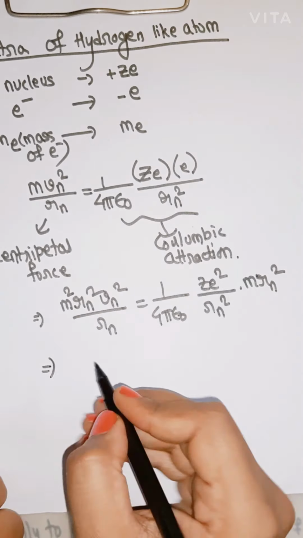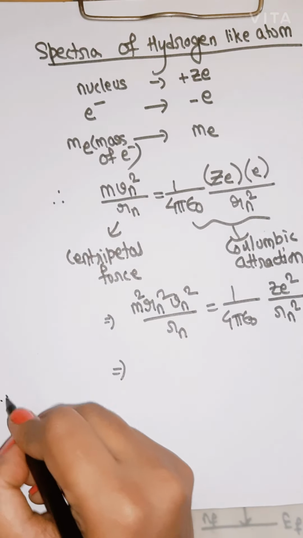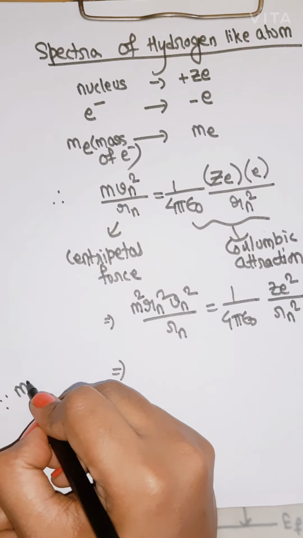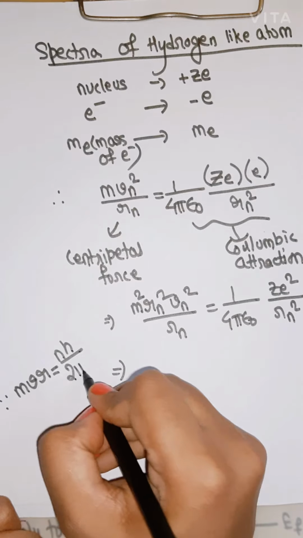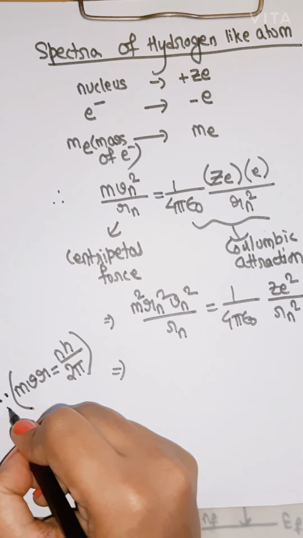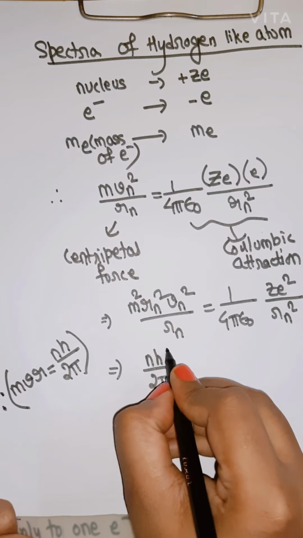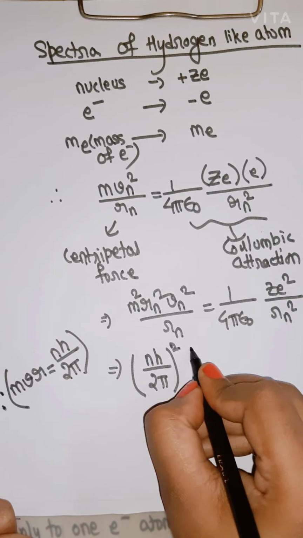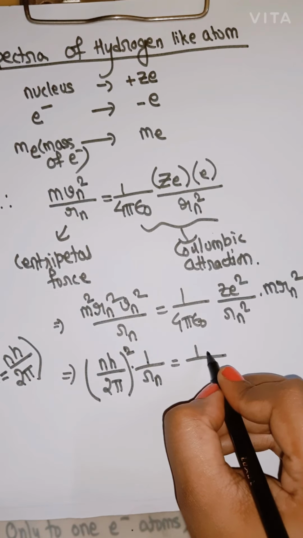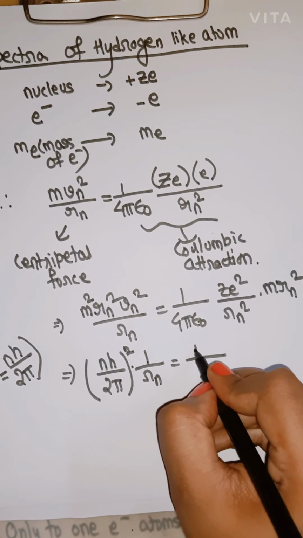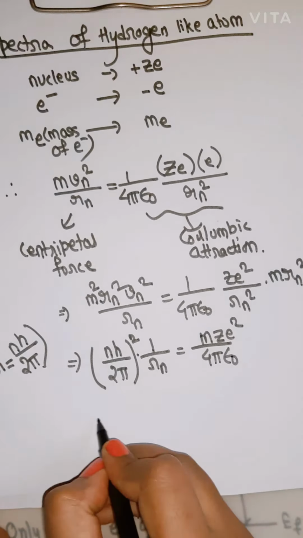Solving further, previously we have stated that m v r is equal to n h by 2 pi. Using that, here we will have (n h by 2 pi) whole square times 1 by rn equal to m Z e square by 4 pi epsilon naught.